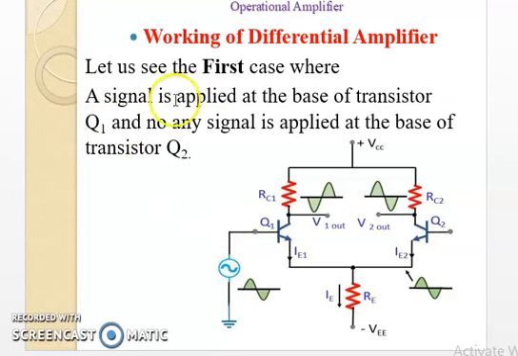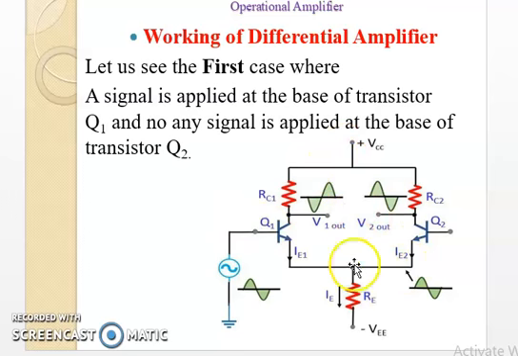Here a signal is applied at the base of transistor Q1. Carefully observe the figure, then you will come to know this transistor is Q1 and the signal is applied to the base of transistor Q1. This is the first case.